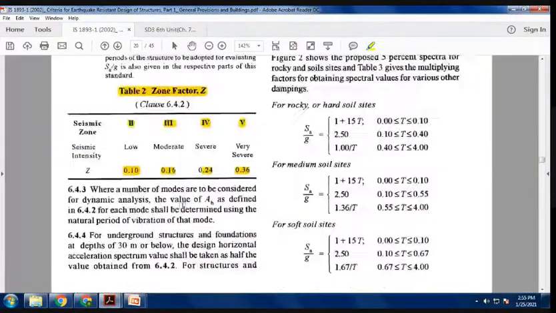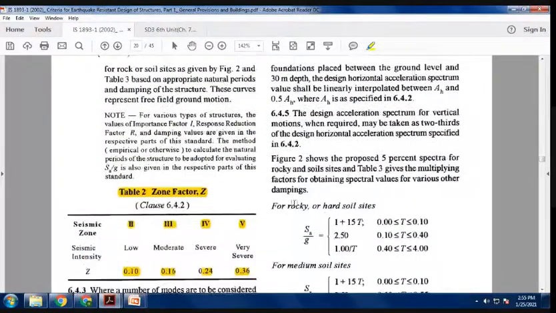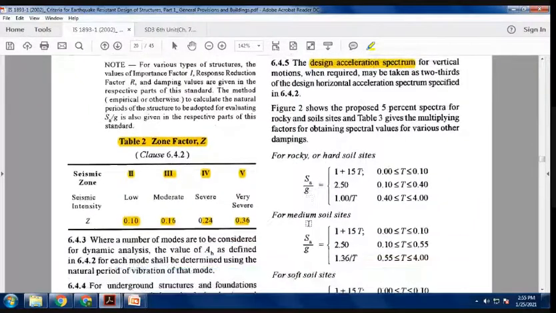Now we have to determine the design acceleration spectrum Sa by g. For example, the building is falling in zone 2 and the foundation or soil available is rocky or hard strata. What is your soil type condition?